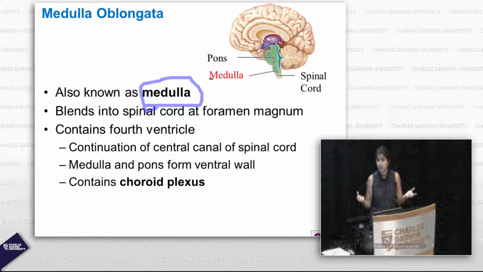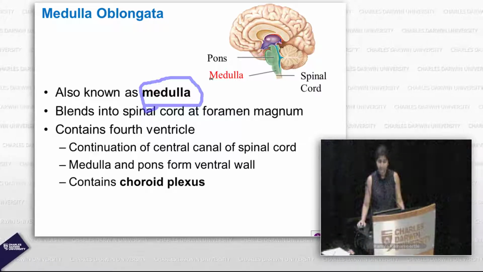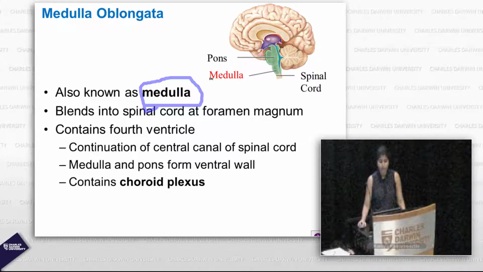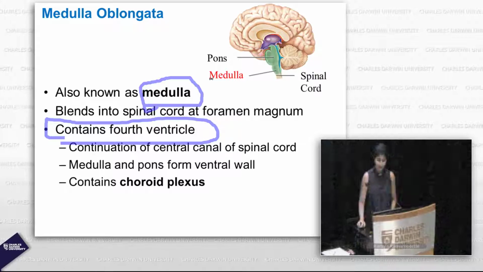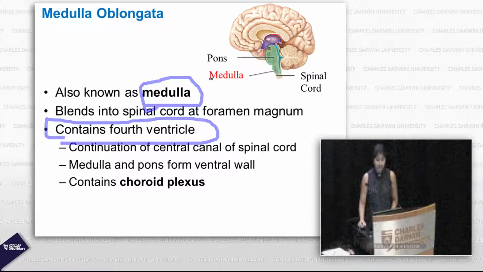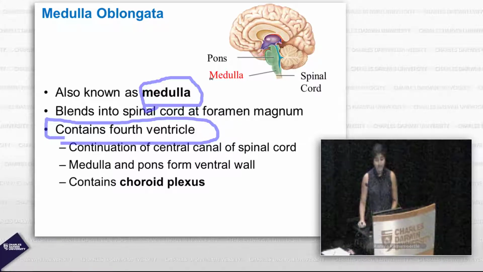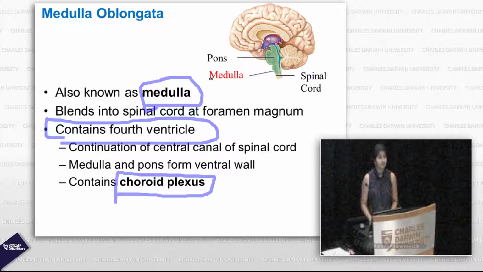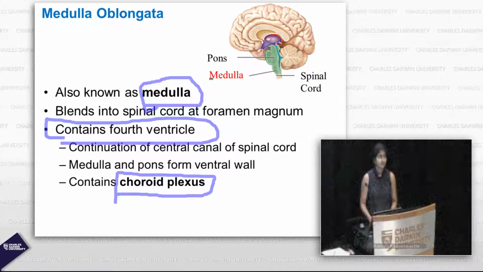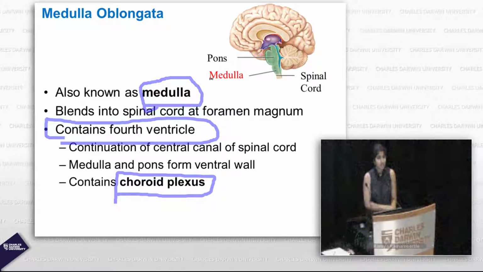So this medulla oblongata actually contains the fourth ventricle within it. And medulla also has a very important structure called choroid plexus. What is that? Can anyone remember? No?